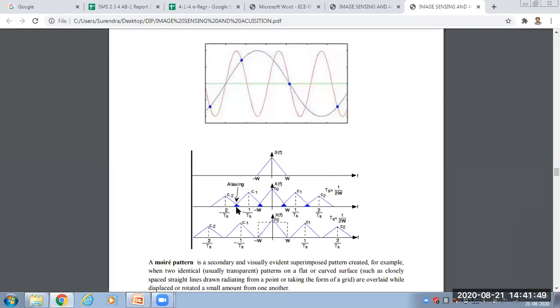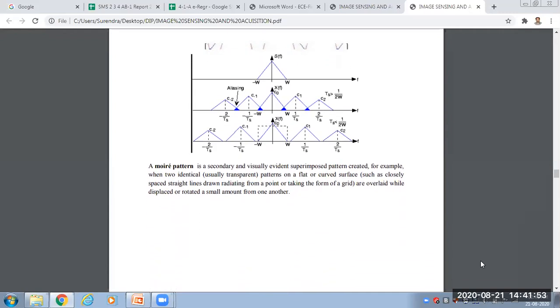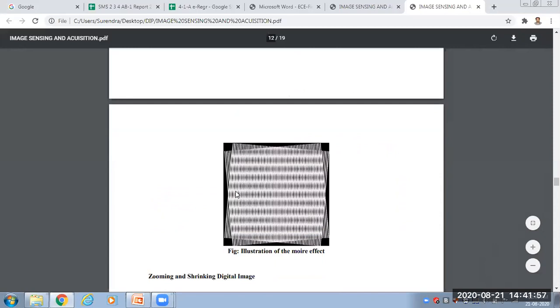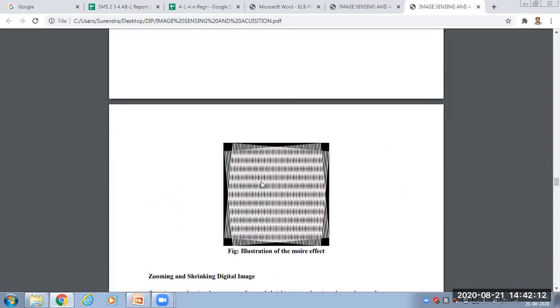Due to this aliasing, there is an effect called the Moiré pattern. This is my example. If you observe clearly, there is actually only one square image, but instead of one square image, we see two images.